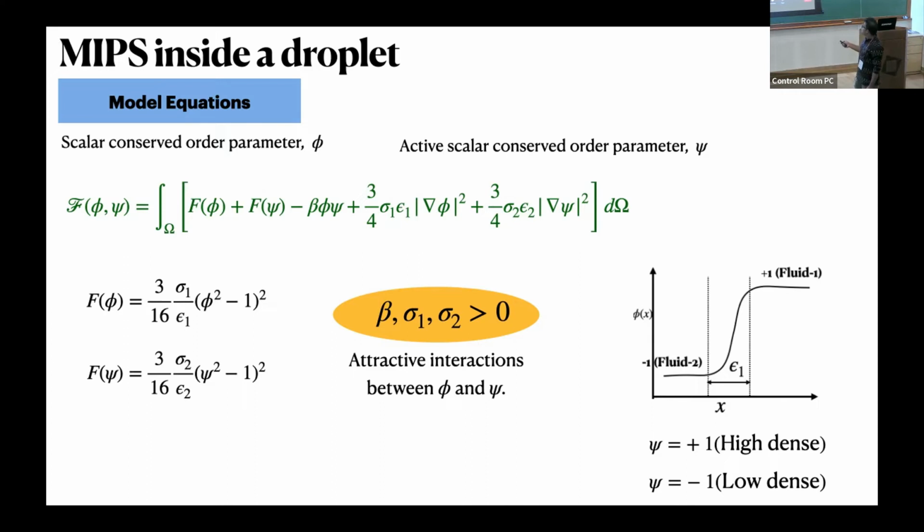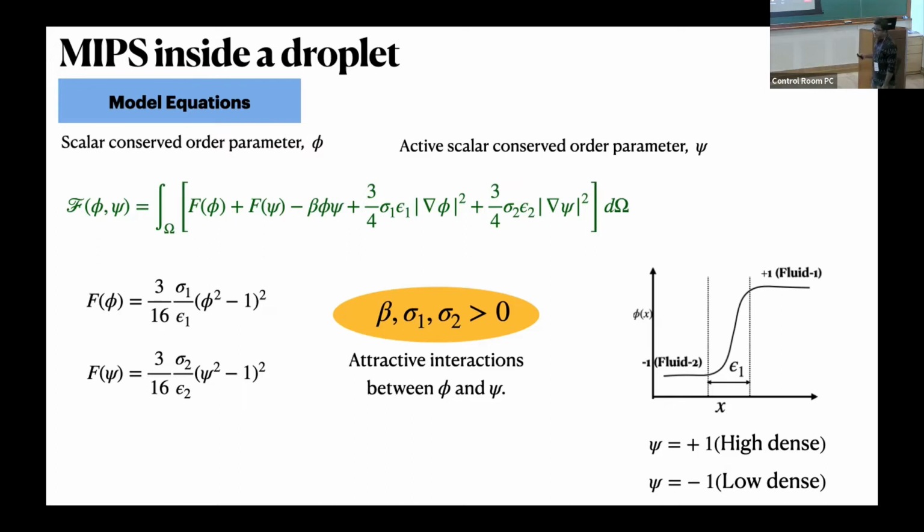Like in model H, these two terms are interfacial energy terms, so they like interfaces, and these two terms don't like interfaces, and there is a competition, and they form interfaces of finite thickness, epsilon1 and epsilon2, and sigma1, sigma2 are their respective surface tension coefficients.